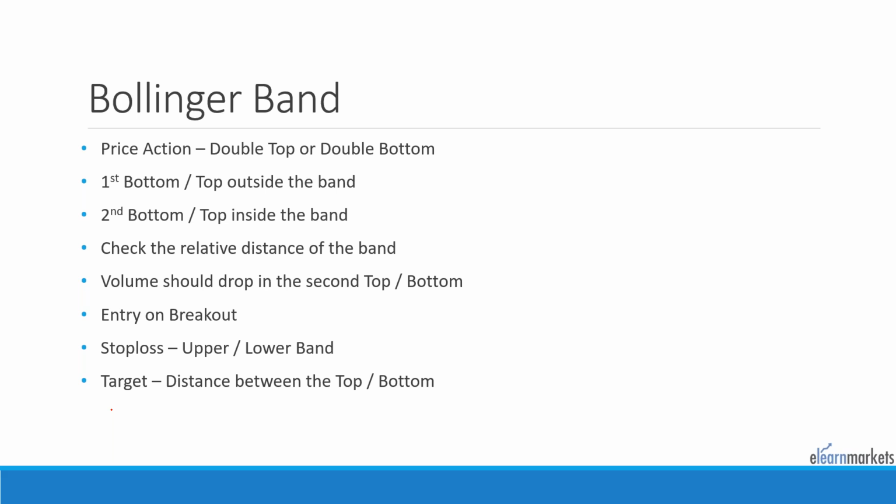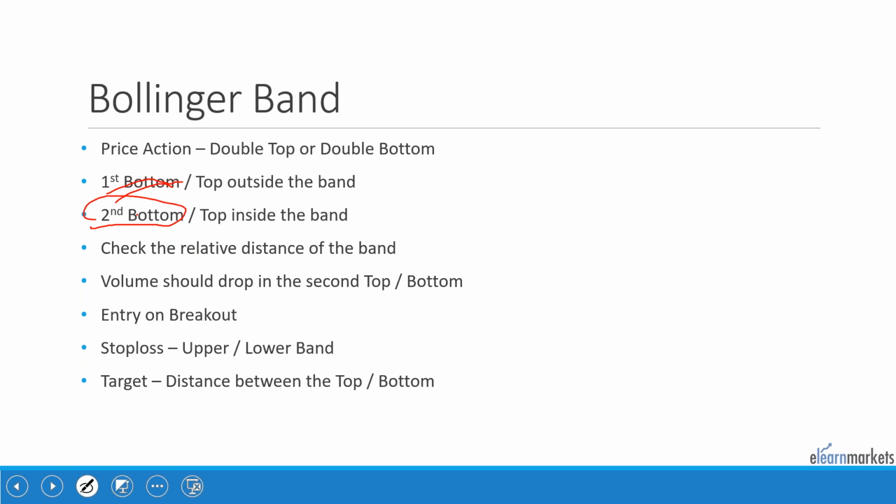If there is volume divergence and volatility divergence, the chances of success are higher. So how do we do it? We check that the first bottom should be outside the band, as you can see here. The first price bottom should be outside the band. The second bottom should be inside the band.